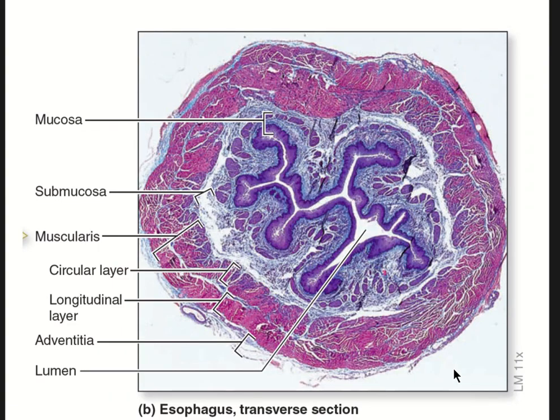Okay, so this is a beautiful transverse cut of the esophagus, and I love this picture because the stains they use are so beautiful here. You can see that this is the mucosa. Remember, mucosa is not only the epithelial layer, right? So there's your epithelium, boom, super thick stratified squamous epithelium. You've got your lamina propria, and you've got your muscularis mucosa.